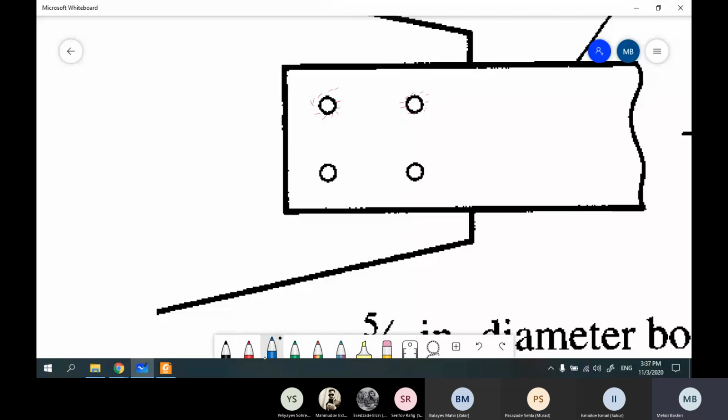So we have to consider this hole bigger. The bigger one is D prime, and the smaller one is D.